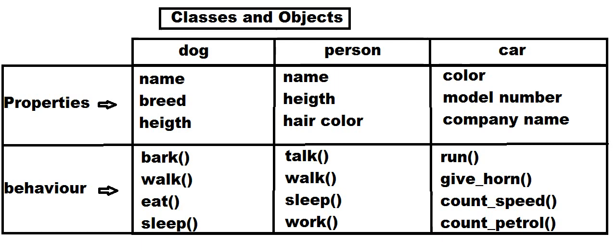Now let us discuss some concepts of object oriented programming. The main concept of object oriented programming is classes and objects. You already know what classes and objects are. Encapsulation is nothing else but the wrapping up of data inside a class.